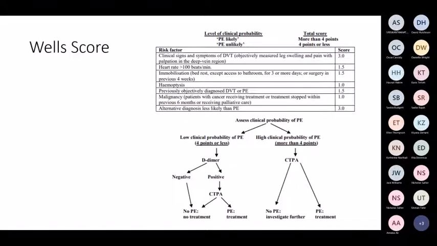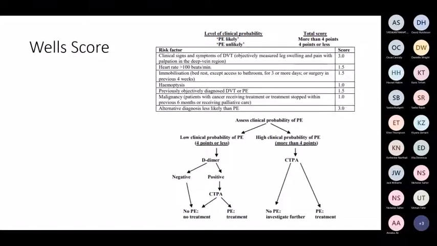So you need to remember that D-dimers can be raised for loads of different reasons. If there's any kind of inflammatory state, if they've got malignancy, there are lots of different reasons for having a raised D-dimer. So you should only use it if there's a low probability of PE to help rule out PE. If the D-dimer is negative, if it's low, then it's quite a good sign that there isn't a PE.